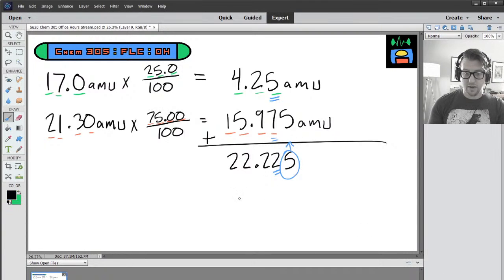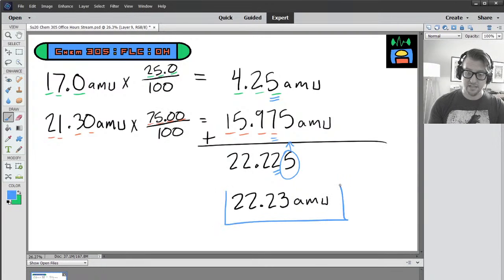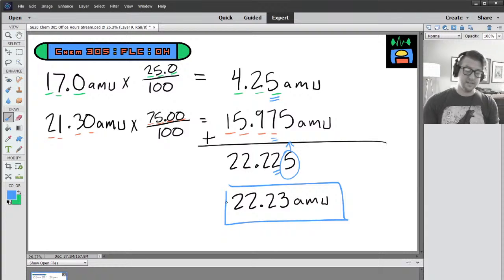So the correct value with the correct number of significant digits is 22.23, and then the correct units are AMU. So this is the correct answer.